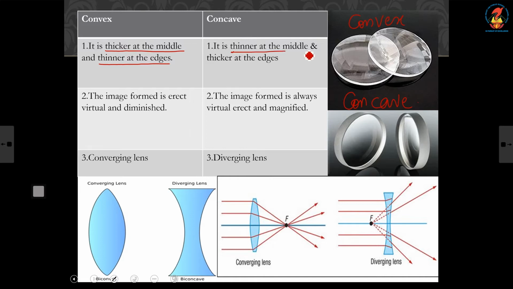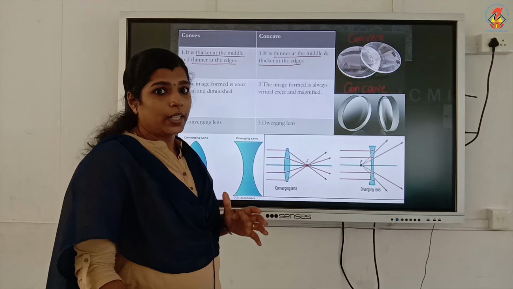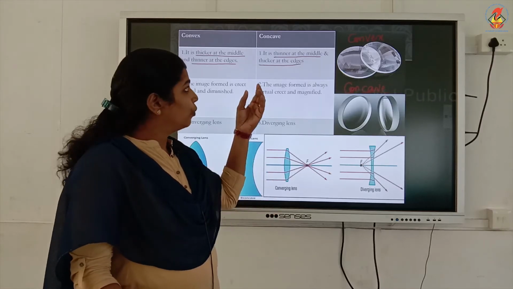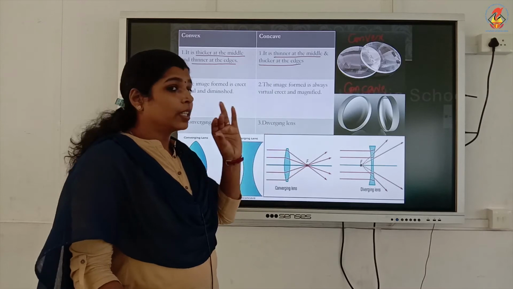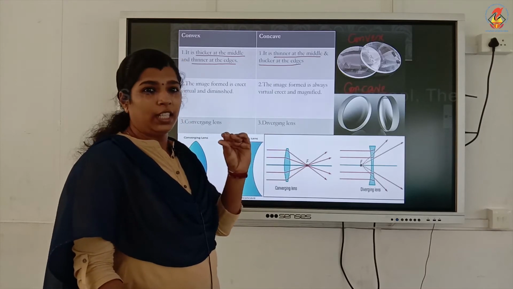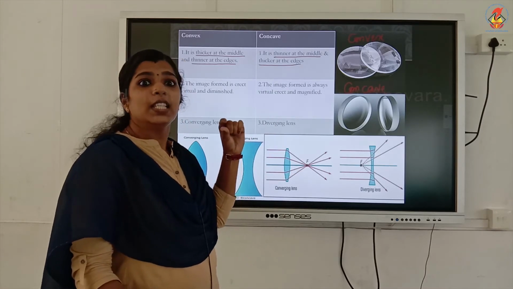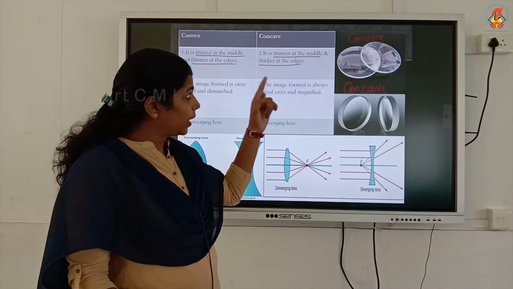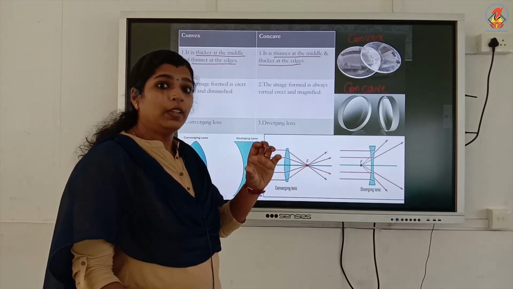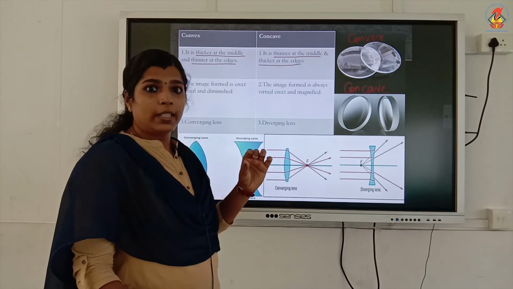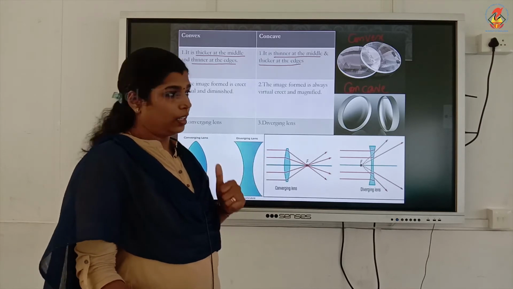For concave, it is thinner at the middle and thicker at the edges. By touching a concave and a convex lens, we will be able to know. For a concave lens, the middle portion is thin and towards the edges it is thicker. For a convex lens, the middle portion is thick and towards the edges it is thinner.